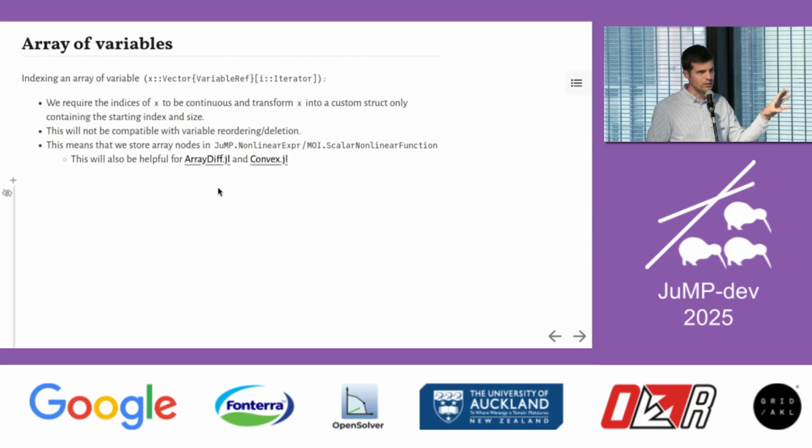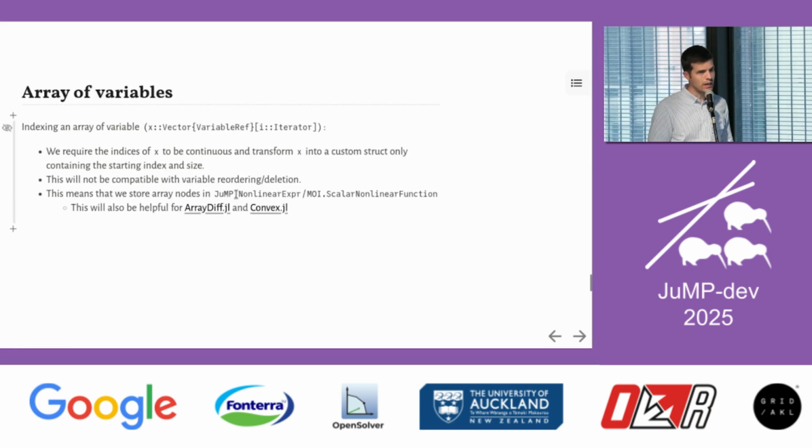It started as a copy of the MOI reverse AD, which is just scalar, and we try to extend it to arrays as well. So this is adding arrays in JuMP nonlinear expressions, but probably we're going this way anyway. Okay, that's it.